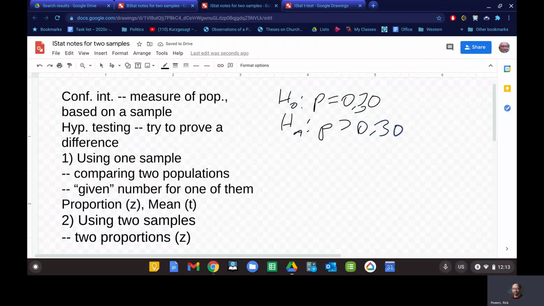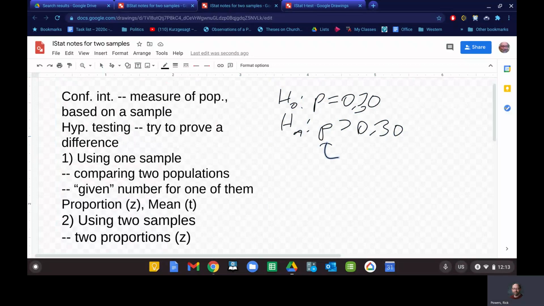Like if it was a national survey of how many people owned cats, then that would be the 30%. But then what we care about is some other group like Western students. And so this P is talking about Western students compared to the given number, the 30%, which we got from some other measurement, whether it's a national survey or something.